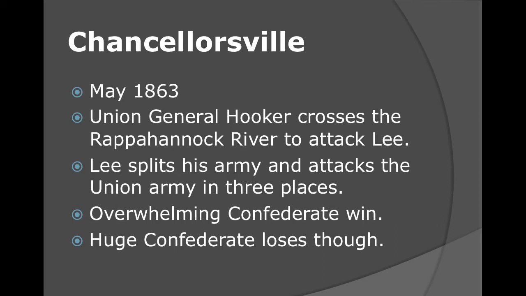Robert E. Lee does something that no one should ever do when in the face of a superior force, in other words, more men than Robert E. Lee had, is what Hooker had. Robert E. Lee will split his army in half, and then he'll attack the Union Army in 3 different places. And the Battle of Chancellorsville was just kind of an overwhelming win for the Confederacy.